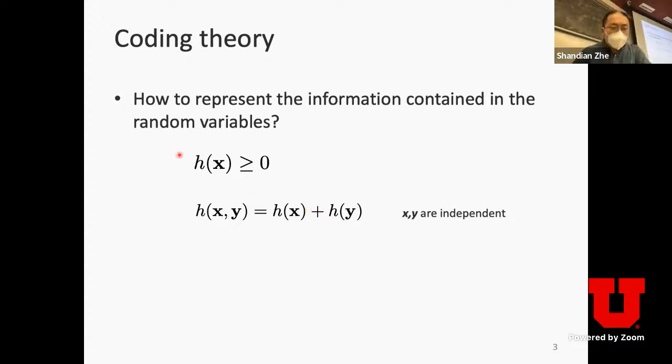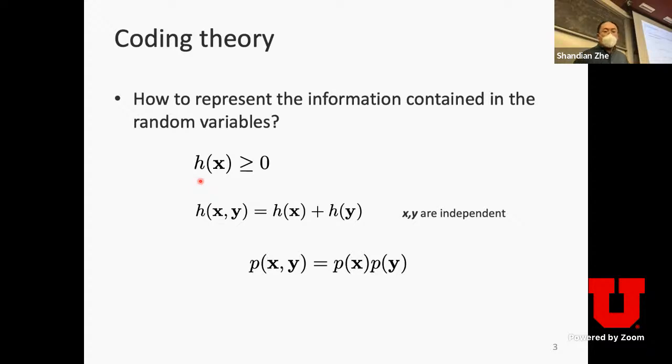So, given these two properties, non-negativity and additivity for independent random variables, a natural observation is that we can associate this H with probability. Because X and Y are random variables, to characterize these properties we can naturally consider probability.